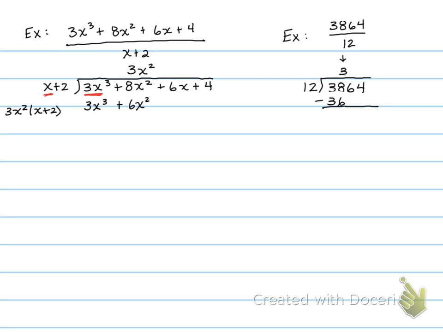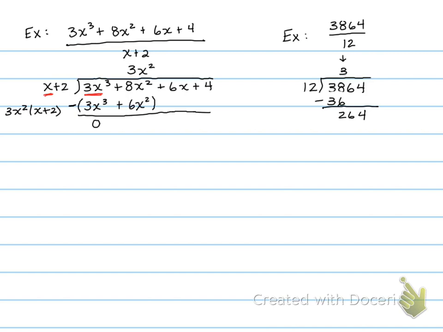We said this gives me 264 when I subtract. So the key with polynomials is that you need parentheses, because we're subtracting this whole entire thing. Anyway, 3x to the third minus 3x to the third is 0. That always happens.